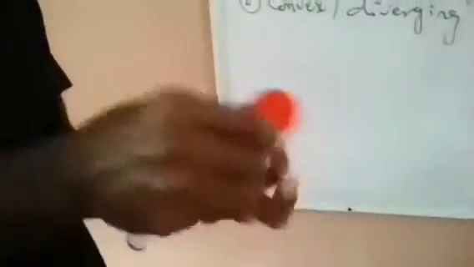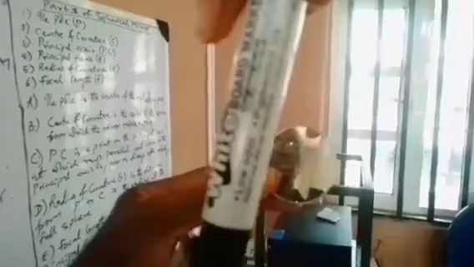So, again, if you look at the images, I want you to look at something now. When you look at this mirror, I want to use this marker as an object. Now, I want you to view the object in the mirror. You notice the size of the object is a little bit diminished. Now, I want you to look at the other mirror and then look at the size of the object again in the mirror.